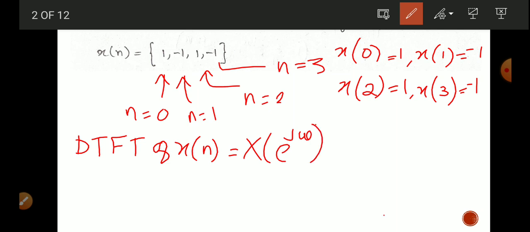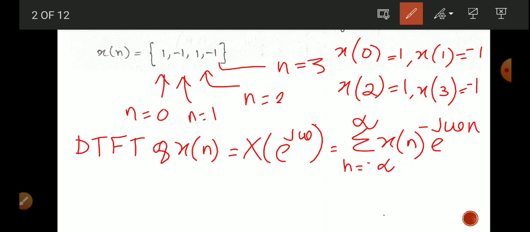Then the general equation is equal to summation n from minus infinity to infinity x of n into e raised to minus j omega n. The discrete time Fourier transform of x of n, X of e raised to j omega, equals summation n from minus infinity to infinity x of n into e raised to minus j omega n.